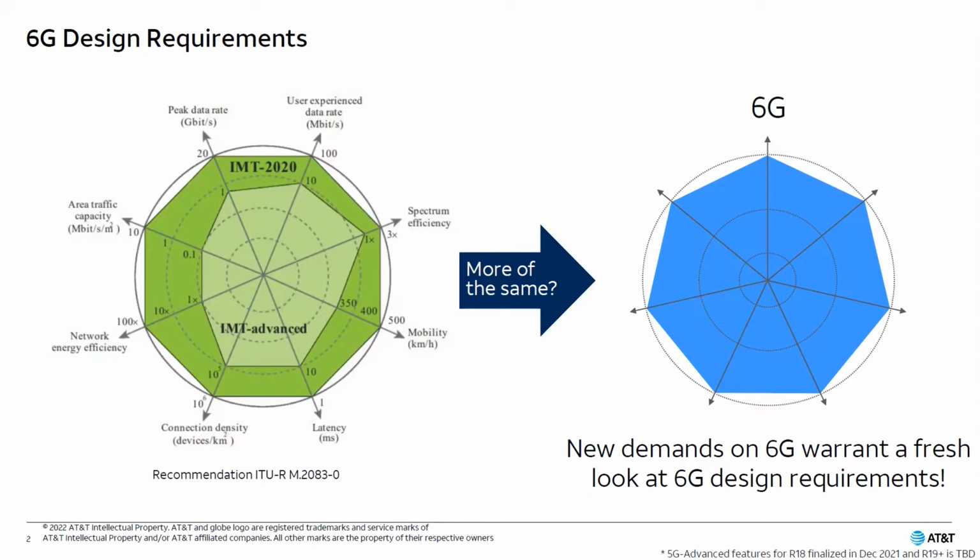So that got me thinking, okay, we can look at it traditionally, and some of the earlier speakers in the plenary had mentioned that we could look at this IMT Advanced or IMT-2020 diagram and say that in each of these dimensions there could be an order of magnitude improvement. That would be the normal thing we would do, and we would define these incremental or even order of magnitude improvements in 6G.